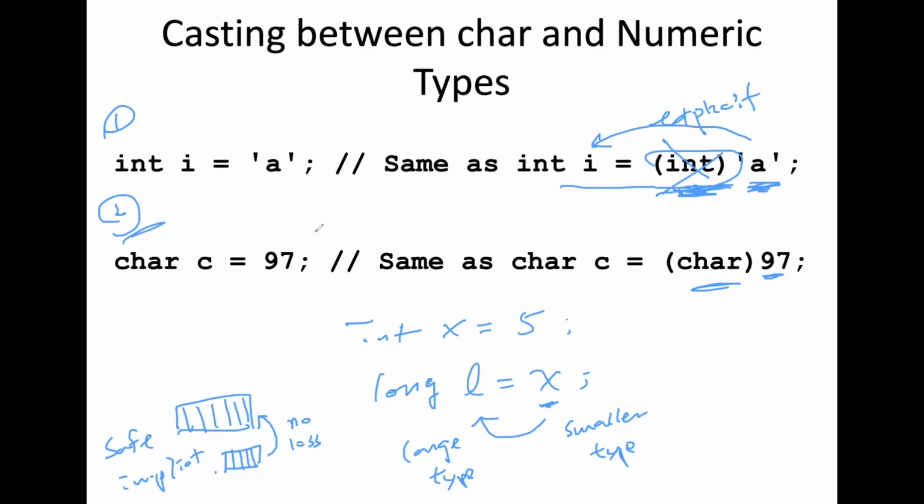However, look at option 2. 97 is an integer, and you're trying to cast an integer into a much smaller type, char. So to force this conversion, you'll have to do it explicitly by appending the destination data type inside the parentheses. There's one caveat, and that is 97 in decimal in the ASCII table is actually the value of 'a'.